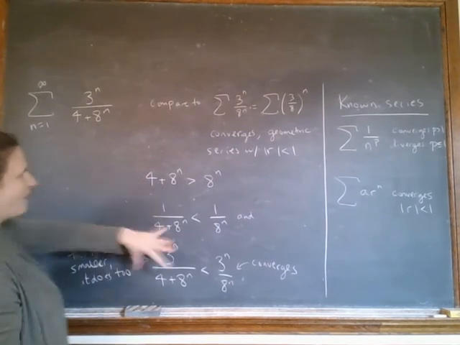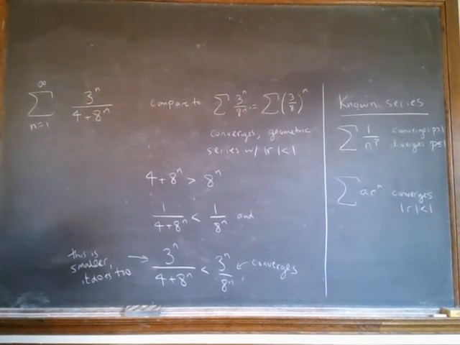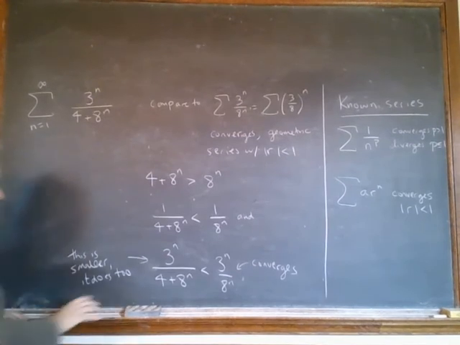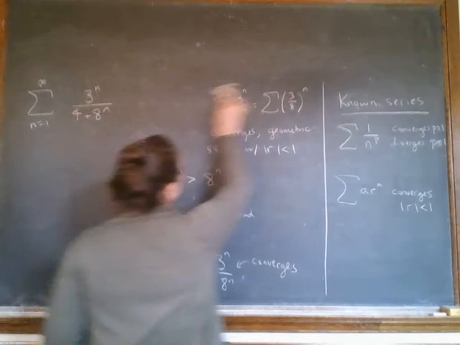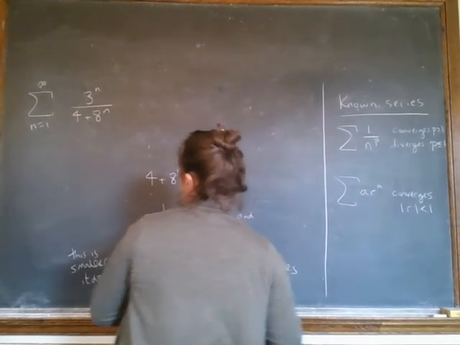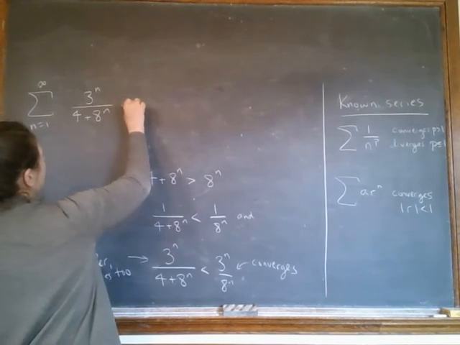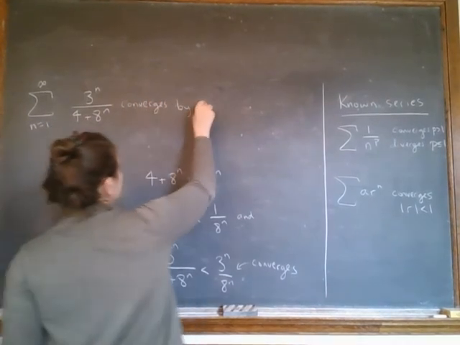So this is sort of our scratch work. Let me see how, now I'm going to rewrite it again a little bit better. Okay? So similarly to what I did, I'm going to write it this way. This guy converges by direct comparison.